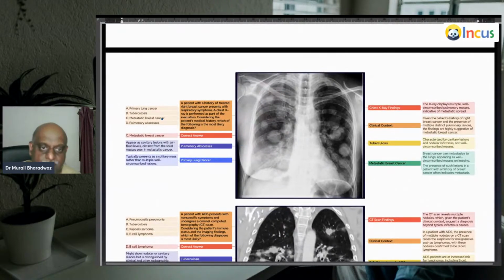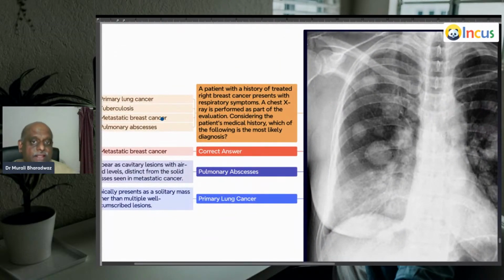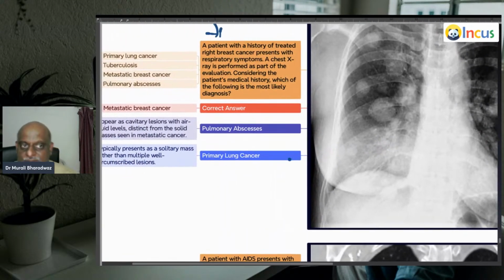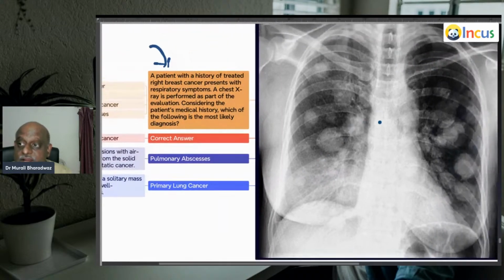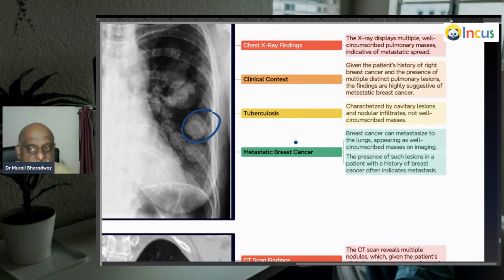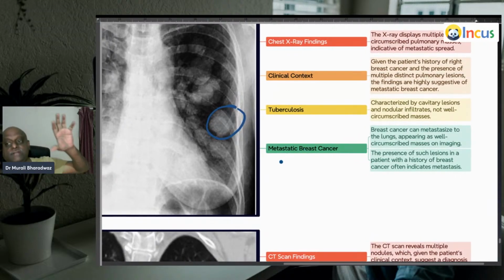Now, doctor, a patient with history of treated right breast cancer with respiratory symptoms, a chest X-ray is being performed. So what do you see here? It is metastatic breast cancer. So breast cancer can metastasize to the lungs and it can appear as well circumscribed masses. Why not TB?